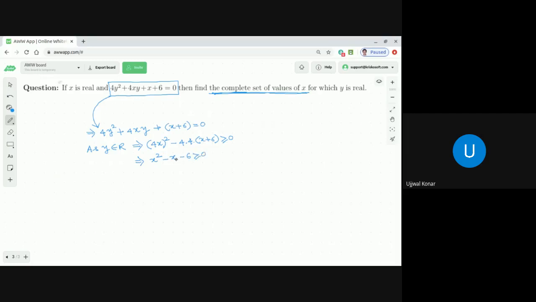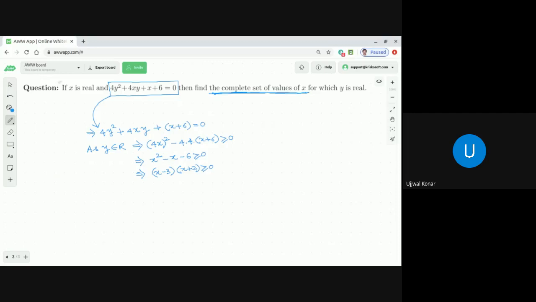Now x square minus x minus 6 greater than equal to 0 is in your territory. Correct or not? So this implies x minus 3 into x plus 2 is greater than equal to 0.